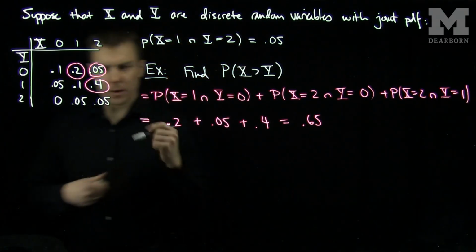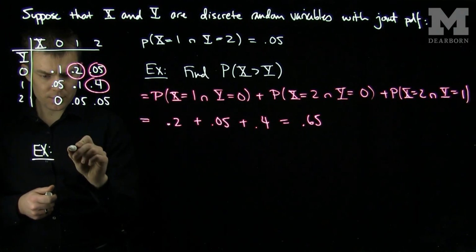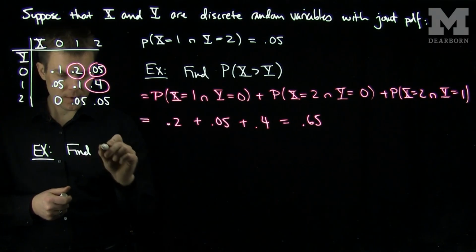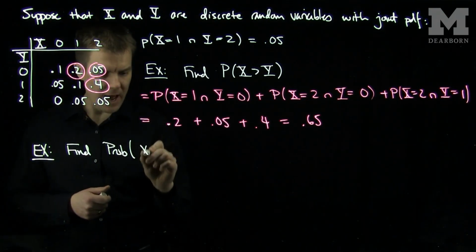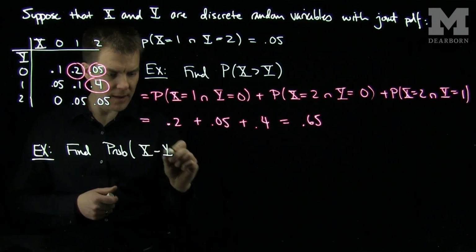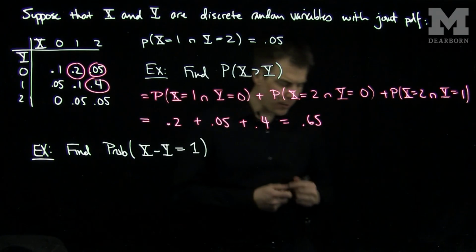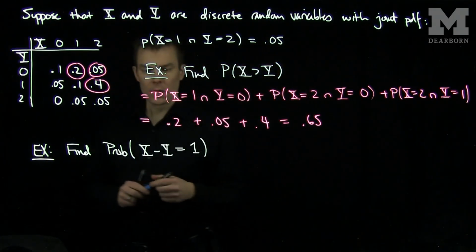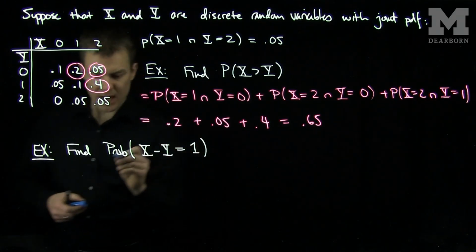Let's see another example. Let's compute or find the probability that X minus Y is equal to 1. Well, now we look at our chart. So when can X minus Y be equal to 1? Well, there are several times this can happen.